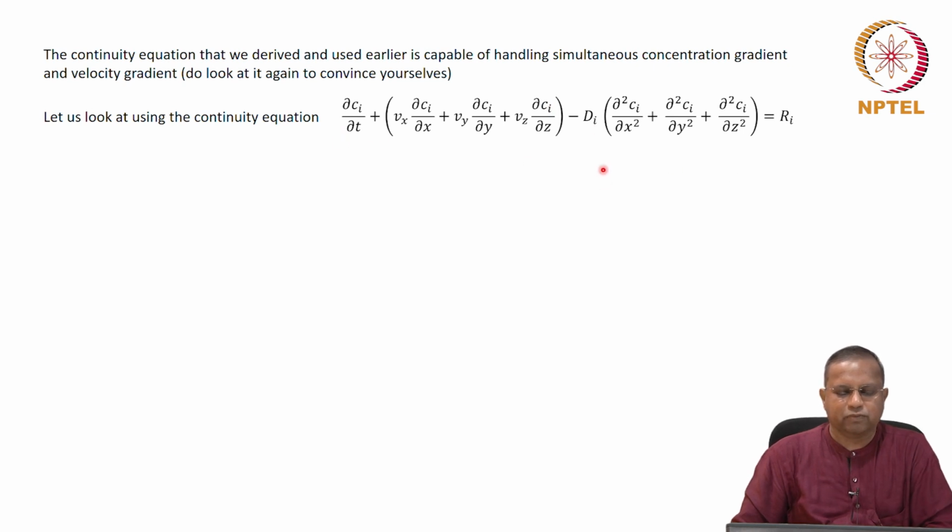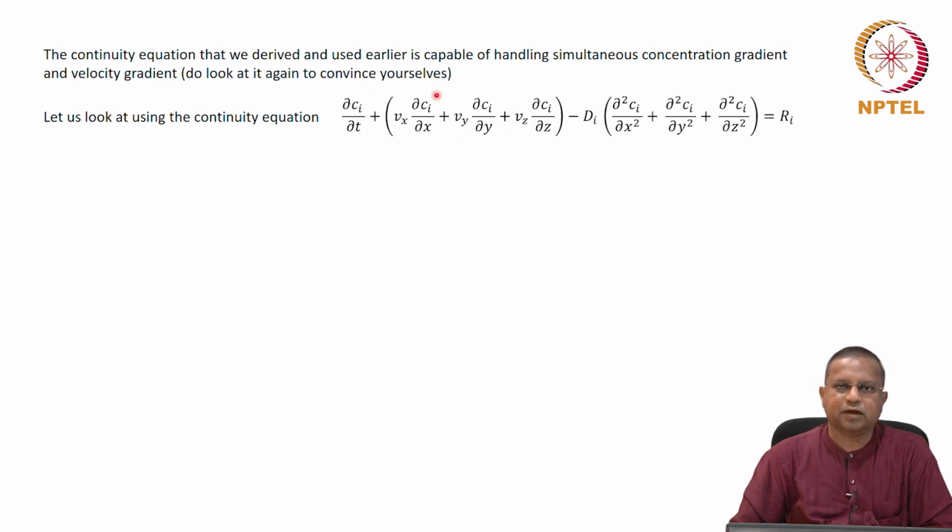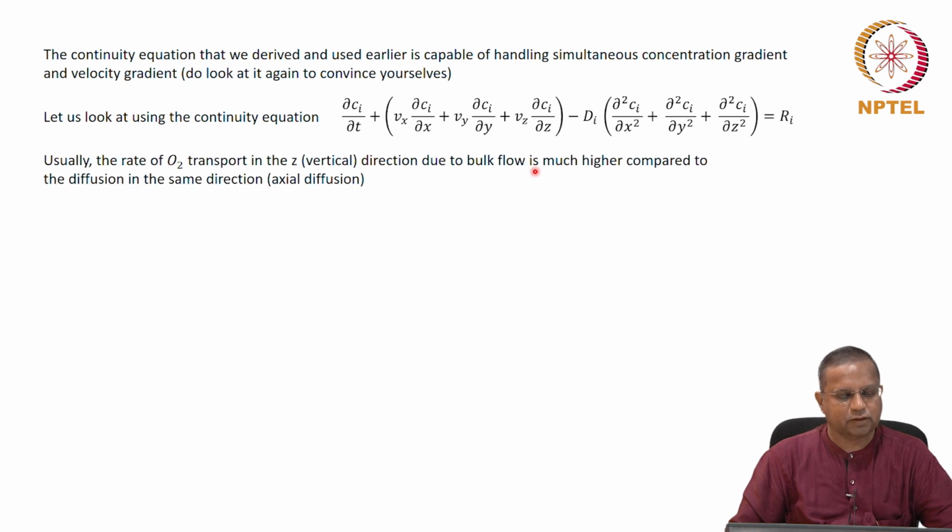Fine. So now we have both these in a generic situation where there is fluid flow. You'll certainly have Vx, Vy, Vz. Recall that Vx, Vy, Vz are the components of the fluid velocity. Okay, so this equation itself can handle it. We don't need any other improved equation here.